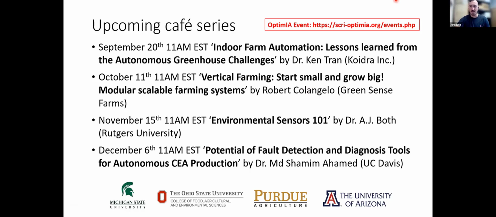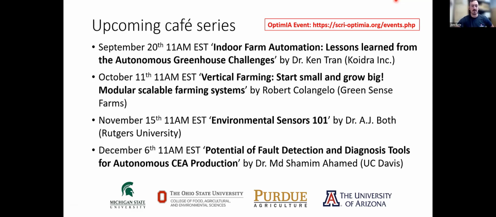So a few upcoming series. Today is September 20th. So we're going to hear from Ken Tran about indoor farm automation and lessons learned from the autonomous greenhouse challenges. In just a few weeks, on October 11th, we'll hear from Robert Colangelo about vertical farming, starting small and growing big, modular scalable farming systems.